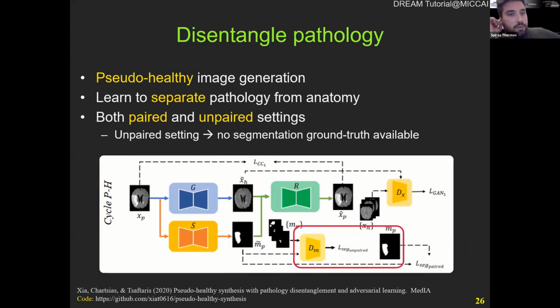This can be done in both paired and unpaired settings. As you can see, we can use both paired and unpaired settings, and also in the paired setting we can use segmentations, or if we don't have segmentations, we can use a discriminator.